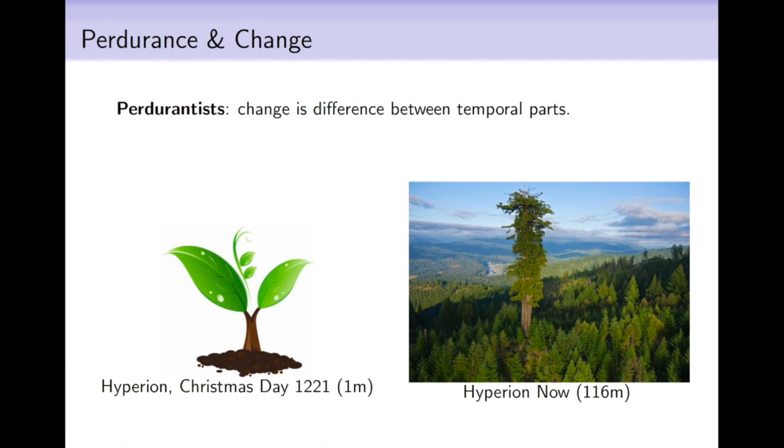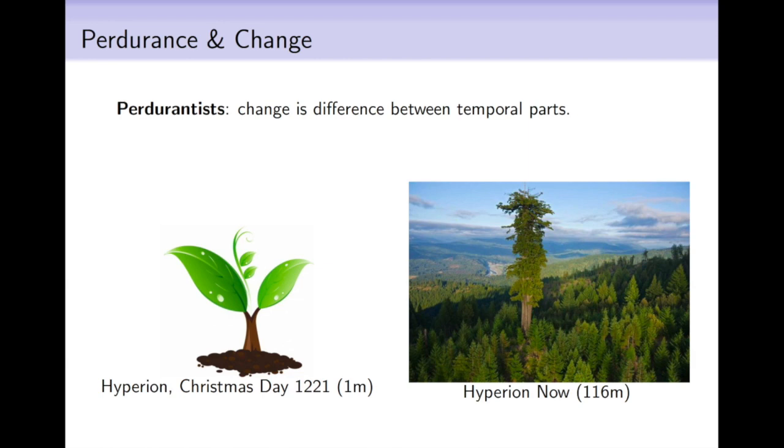Going to consider a slightly different example, and the example is of a particular tree, which is called Hyperion. Now, Hyperion is a California redwood, and is reckoned to be the tallest tree that currently exists on the planet Earth.